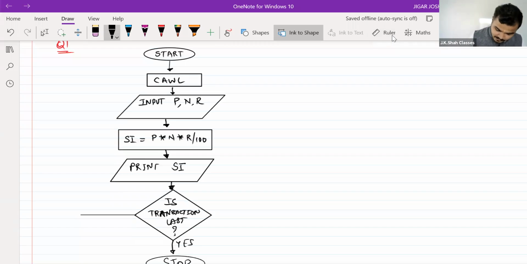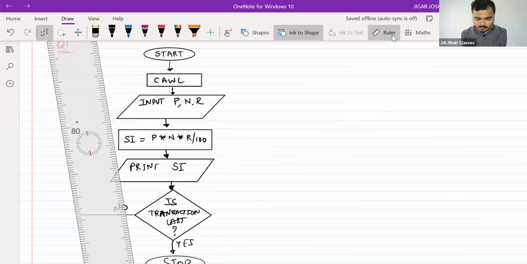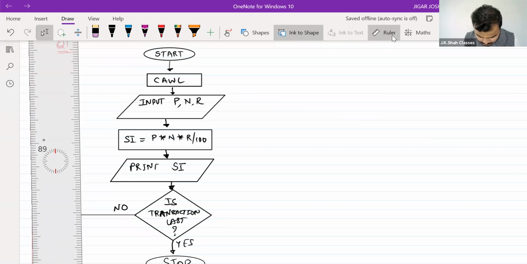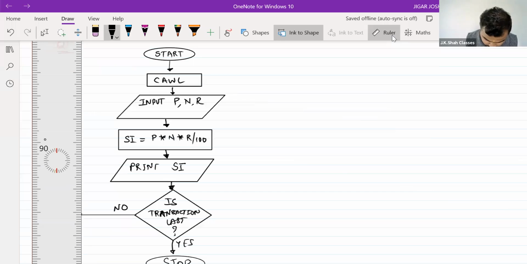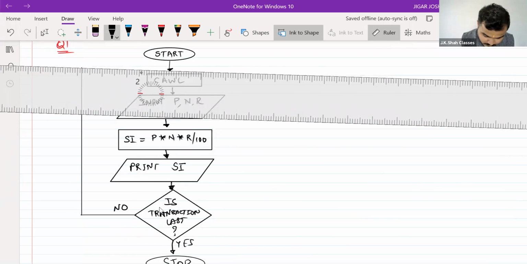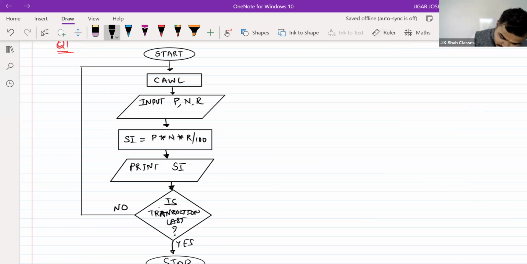Agree? If the answer is no, then I want the whole process to be repeated once again. Understood?